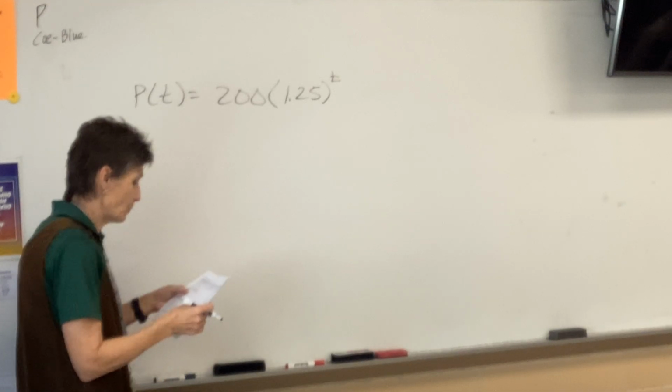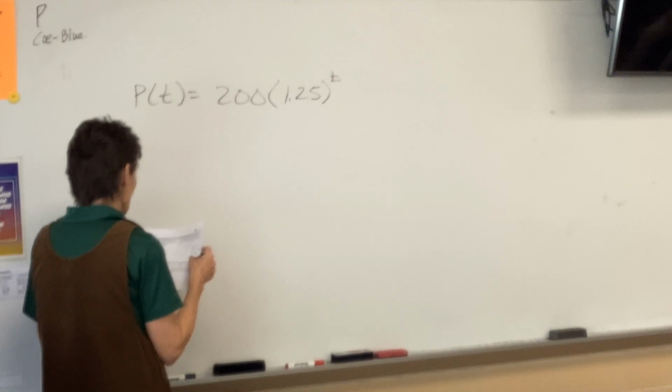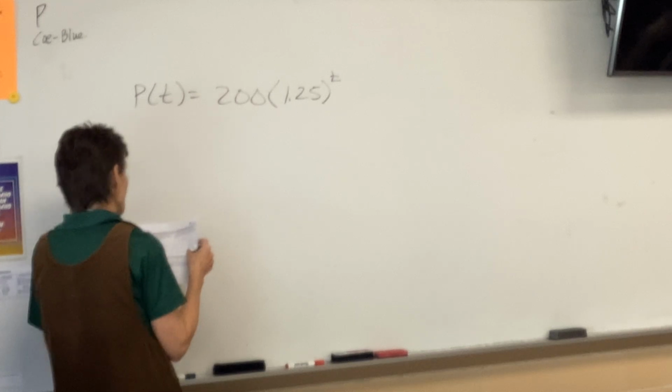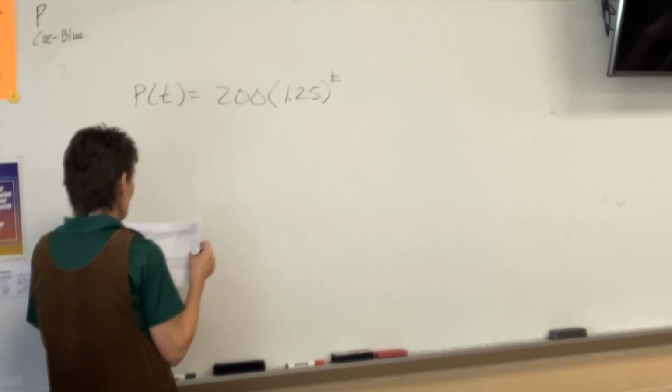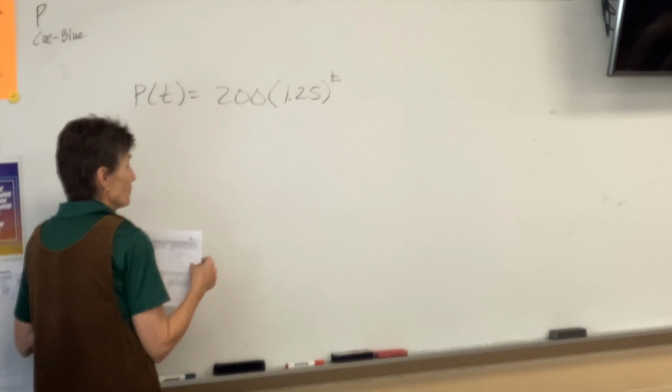All right, what about number 2? The population in the year 2000 was 7,000. It increases at a constant rate of 2.75% per year. What will be the population in the year 2020?